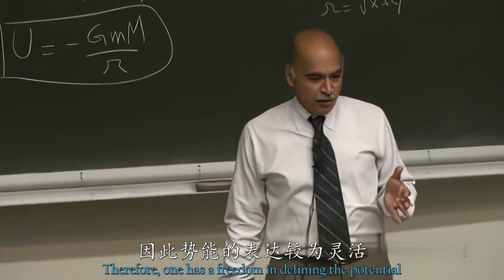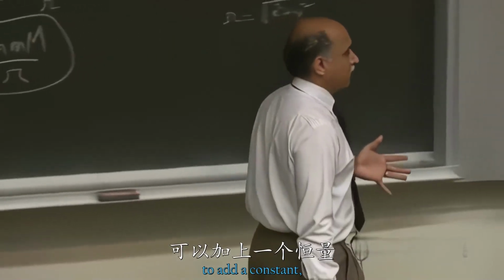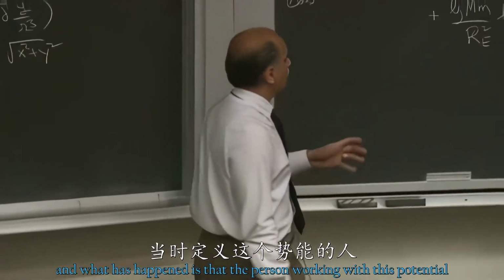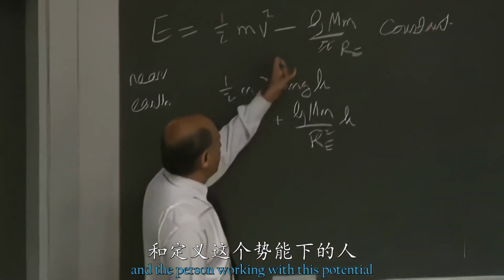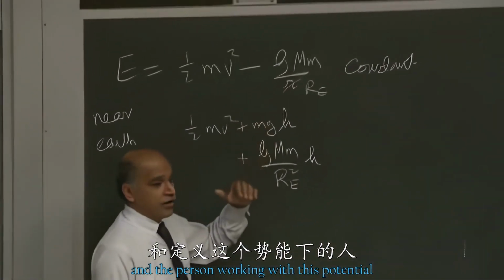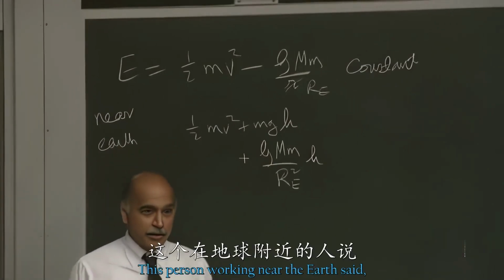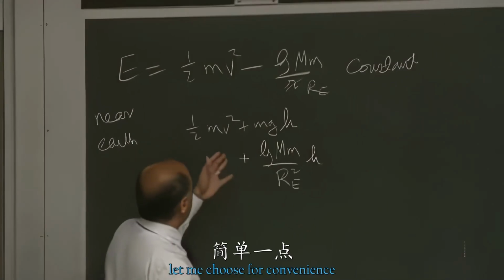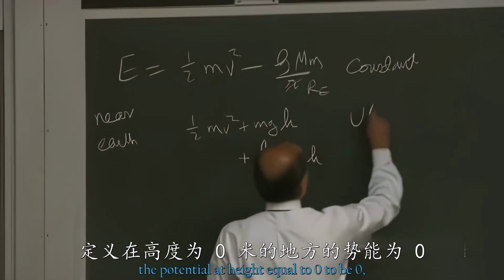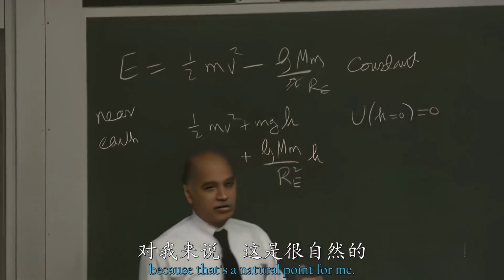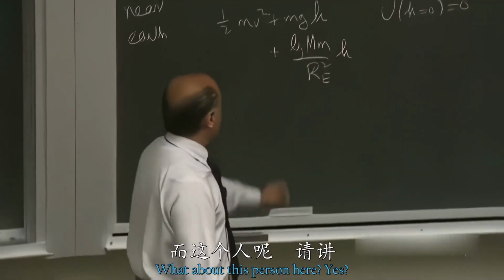Therefore, one has a freedom in defining the potential to add a constant. What has happened is that the person working with this potential and the person working with this potential have not taken the same reference point. This person working near the Earth said, let me choose for convenience the potential at height equal to 0 to be 0, because that's a natural point for me. What about this person here?